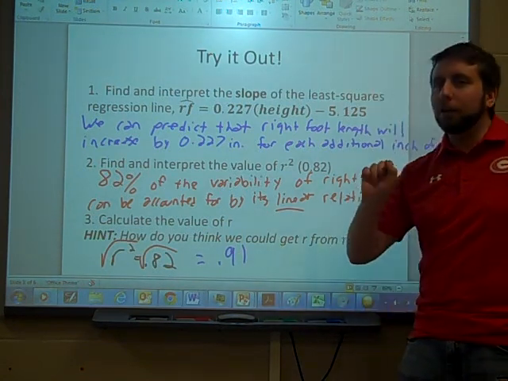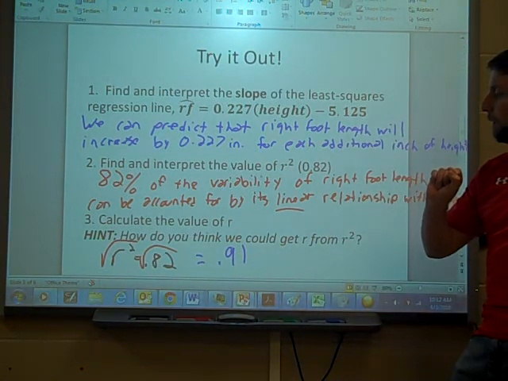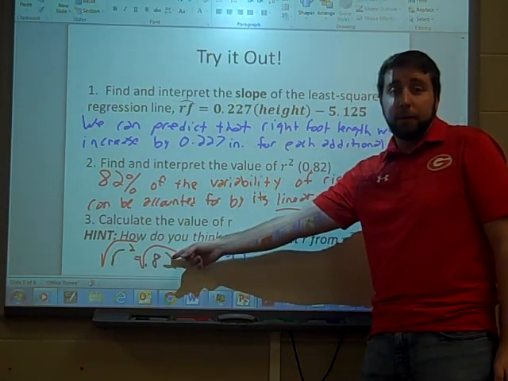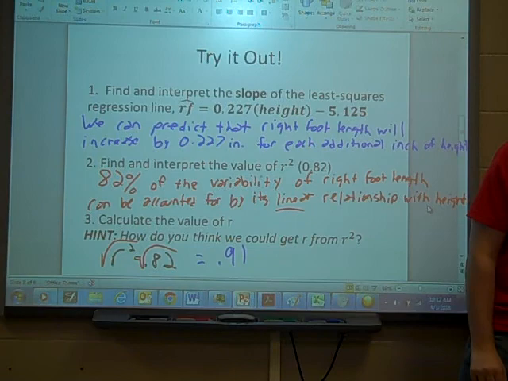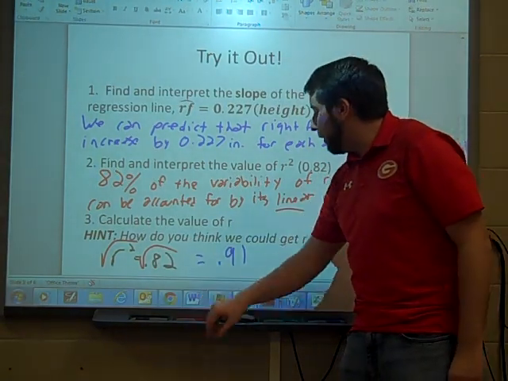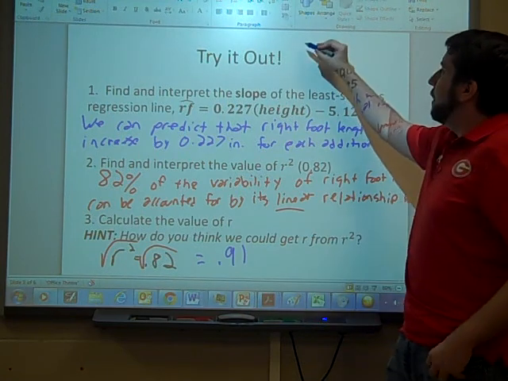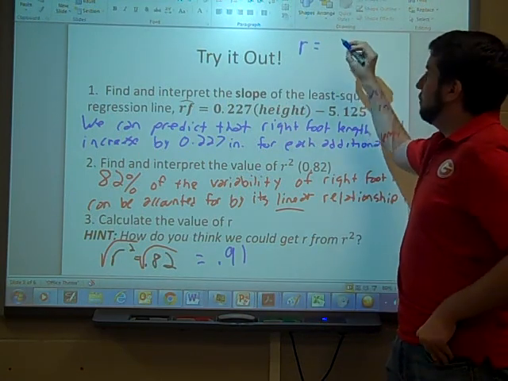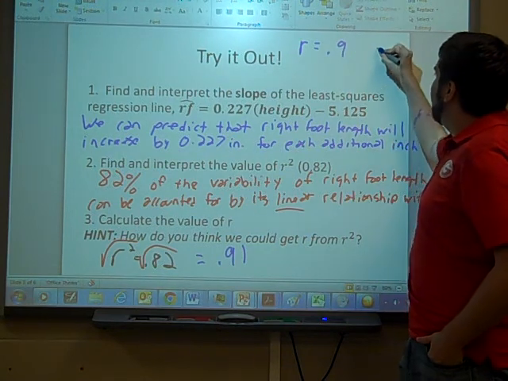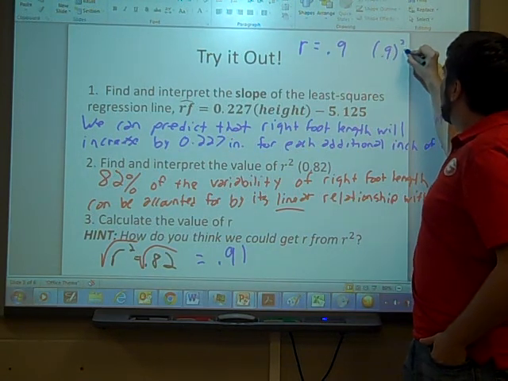However, you will have to be careful, because r squared will not tell you if the slope's positive or negative. Think about it this way, that percentage is always going to be positive, just like anything squared is positive, right? For example, if r was 0.9, 0.9 squared is 0.81.